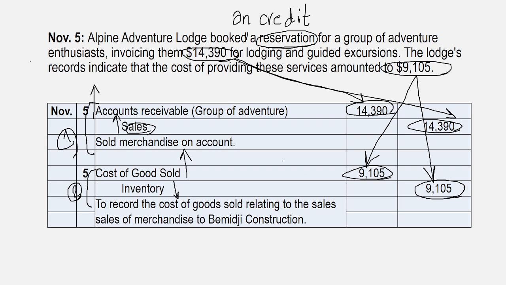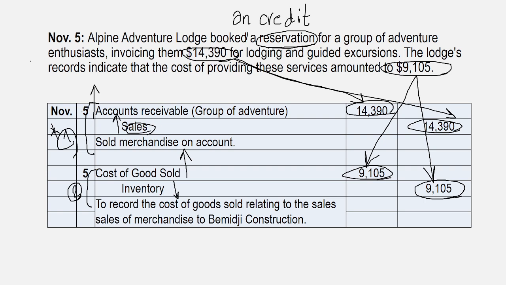For level 1 here, by debiting accounts receivable, we indicate that the lodge is expecting payments from the groups, and crediting sales reflects the income earned from the booking. In summary, on November 5, in the economic scenario, Alpine Adventure Lodge recorded revenue of $14,390 from a group reservation, and the cost of providing the services at $9,105.